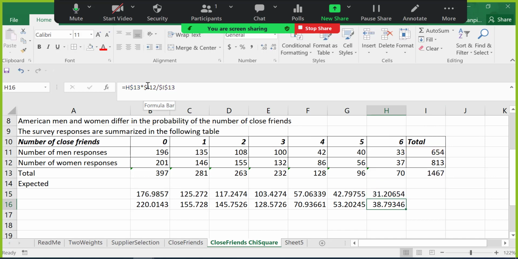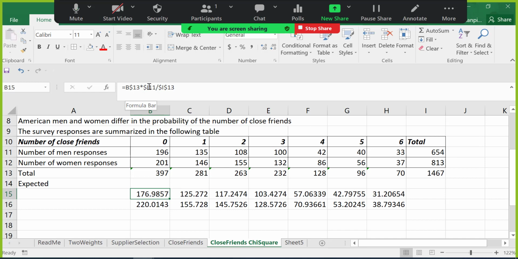It's always a good idea: you write a formula, you copy paste, and then you pick one to see, did you get it correct? So this is also correct. A little trick is you need to put a dollar sign before row 13, because the row subtotal wouldn't change.